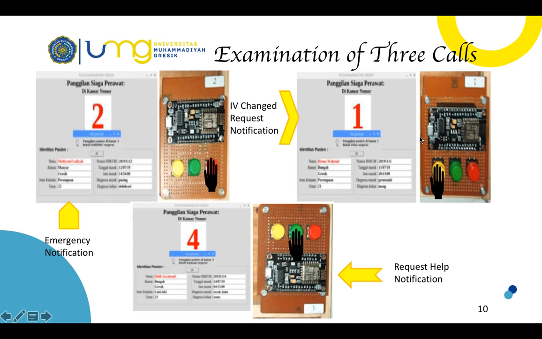And when room 1 presses the yellow push button, it shows room number 1, the name and other identity, and that they need to change the IV.